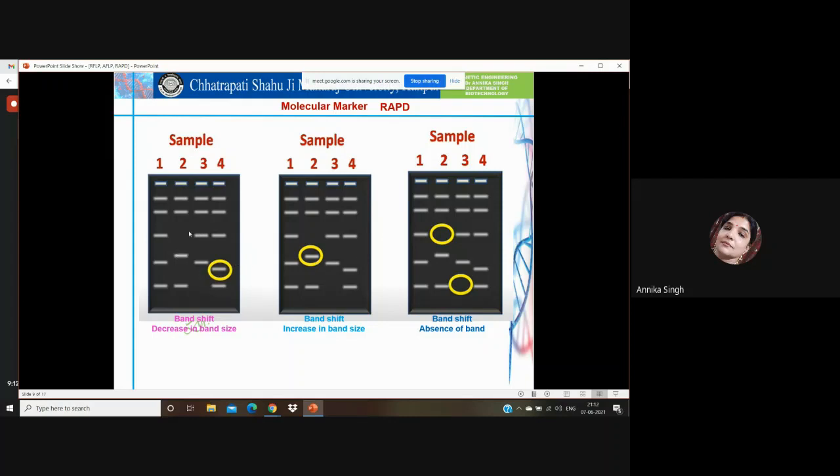We can see that a band is absent from sample 2 and sample 3, and this absence of band is either due to the absence of a site which is required for the annealing of this primer, or in opposite direction, or it could be possible that the distance between the two primers which are oppositely annealed with the template DNA is too much to amplify that particular DNA fragment.